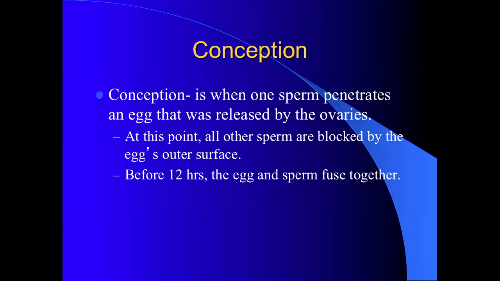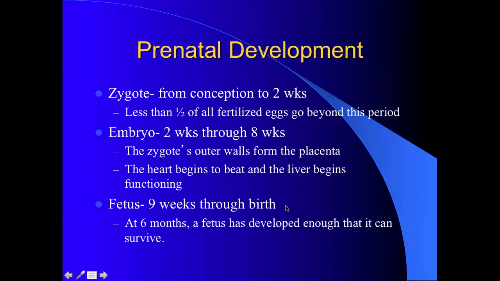Now, I use the term implantation because that is a process that needs to happen. So, in the zygotic period, which is from conception to 2 weeks prenatally, the primary goal is for that fertilized egg to latch on to the uterine walls.